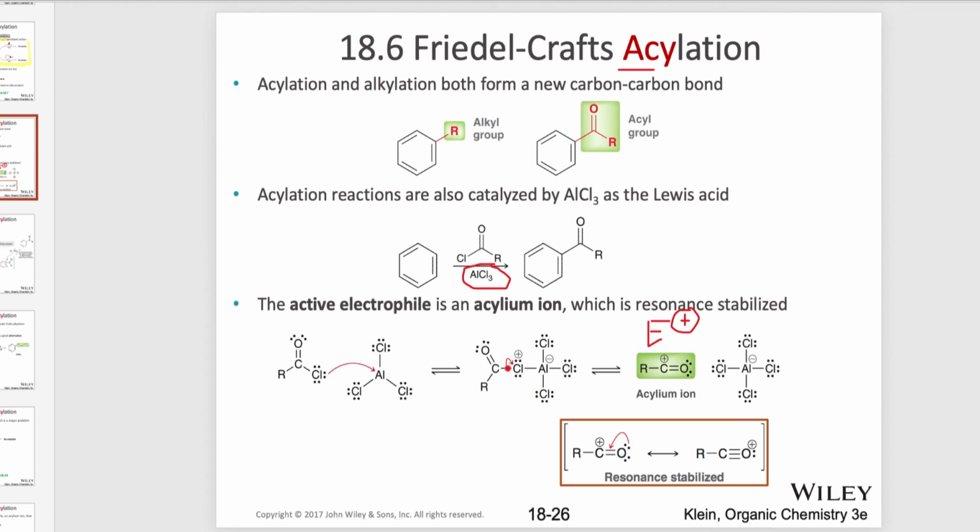It activates now the acyl group, and we can remove a net chlorine to now find a very unusual kind of ion, but it does indeed exist. So this is the acylium ion. Be familiar with the term, know how it forms, and also understand that it can be stabilized via resonance.